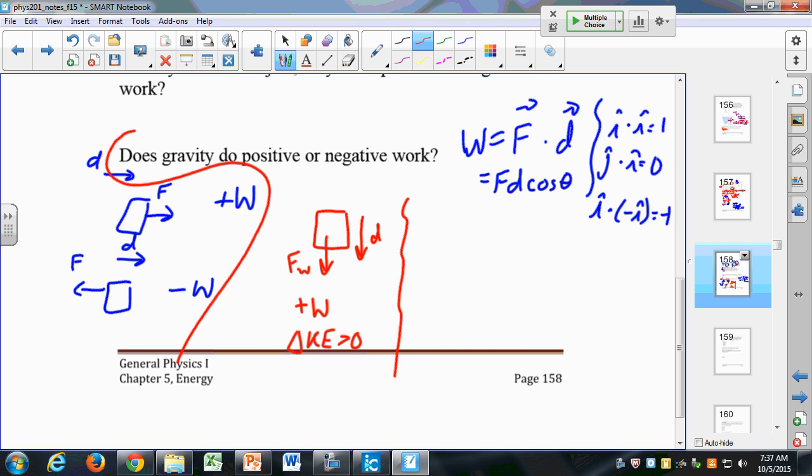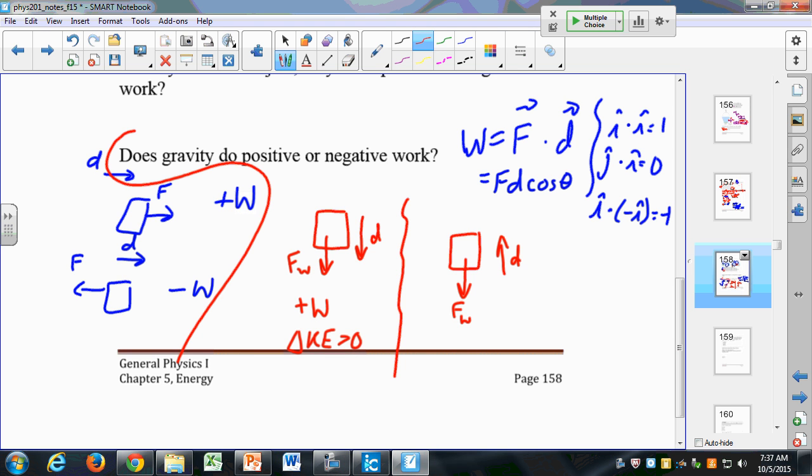On the other hand, if my force weight is up here, in this direction, as it always is, but what if my displacement is in this direction? This is where I'm taking something and throwing it up, before it starts coming back down again. In this case, what's happening to the kinetic energy? The change in kinetic energy is less than 0, right?